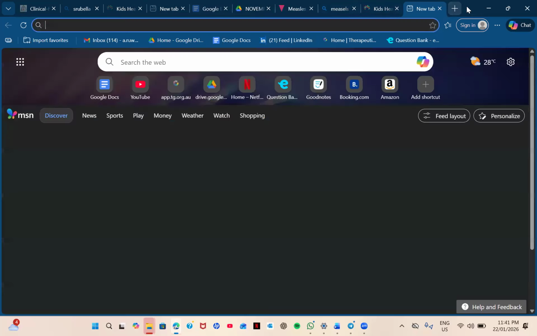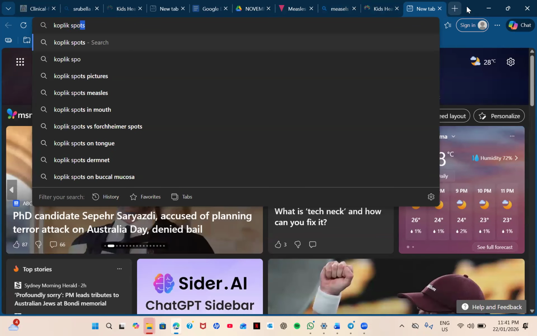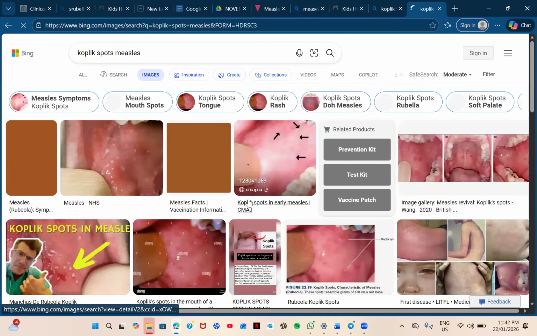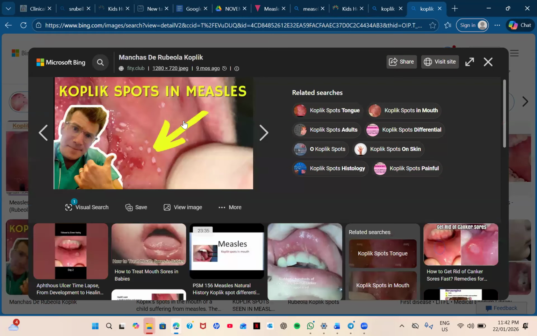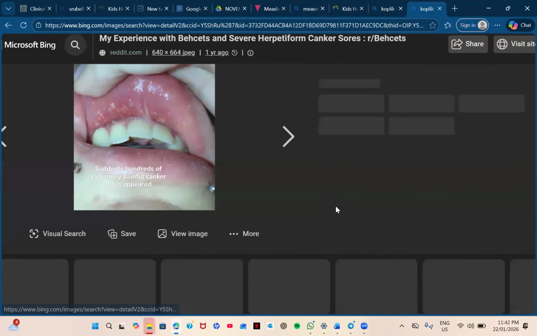I'll show the Koplik spot. It's a good picture here. You can see this Koplik spot. Okay, Koplik spot in measles. Here, this is the Koplik spot. So please remember here, Koplik spot.